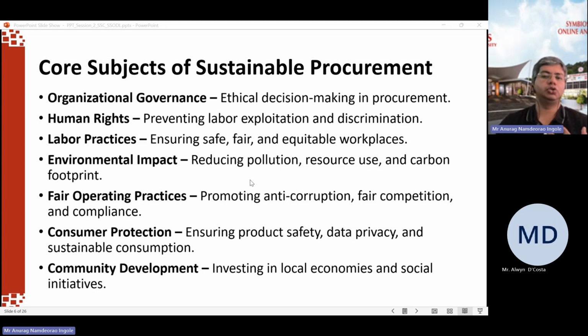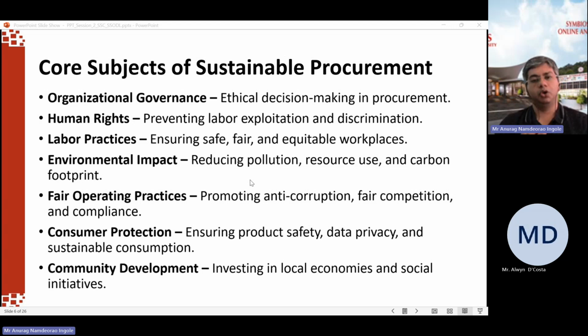That kind of visibility also you need to have so that you do not get associated with any kind of labor exploitation or discrimination happening, because that is going to create a kind of complicity because you had indirect relationships with that supplier, and that is not going to help you achieve your sustainability goals. Labor practices, ensuring safe, fair, and equitable workplaces, similarly across the supply chain which you are driving.